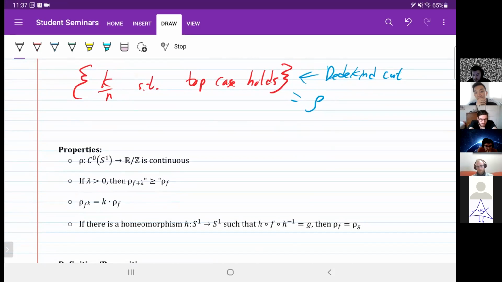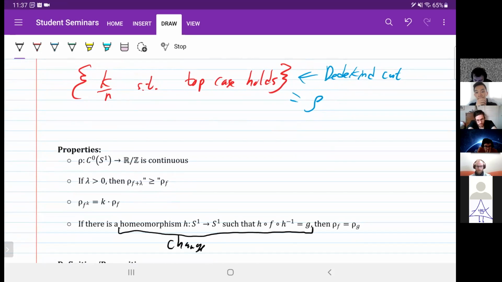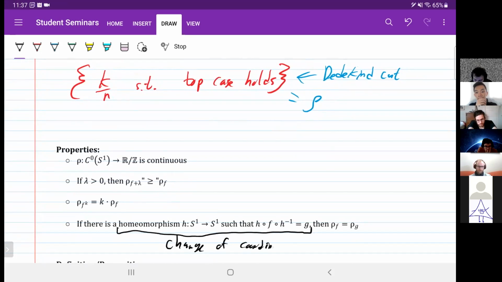And the final thing is, if I can change coordinates and turn one map into another, they have the same rotation number. So having a homeomorphism with this property is just a change of coordinates. And if I have a change of coordinates which turns one map into another, then they have the same rotation number. So this is genuinely an invariant of a dynamical system.